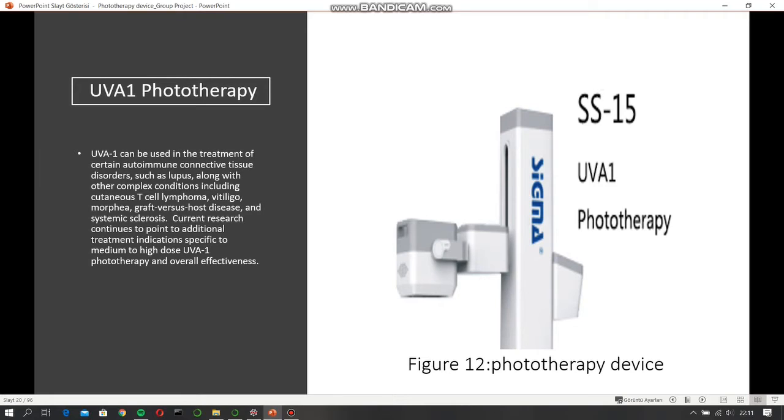Current research continues to point to additional treatment indications, specific to medium to high dose ultraviolet A phototherapy and overall effectiveness. Also there is a figure of the phototherapy device from which the ultraviolet light beam comes.